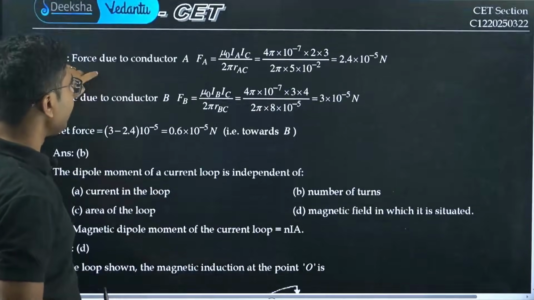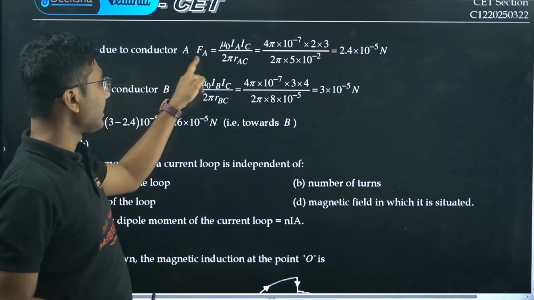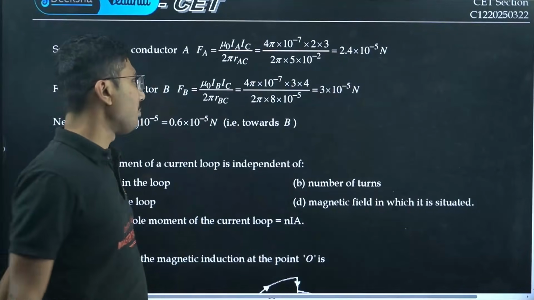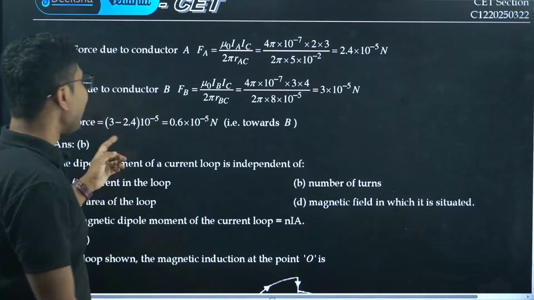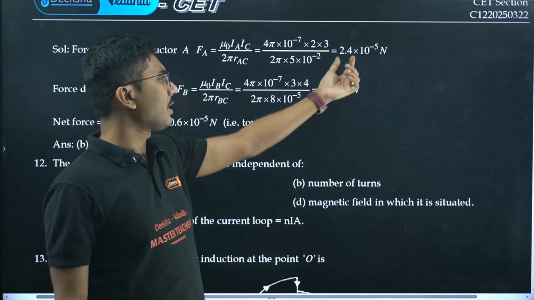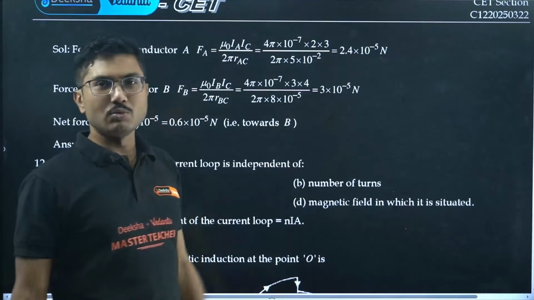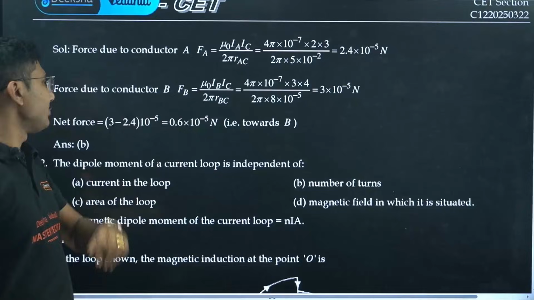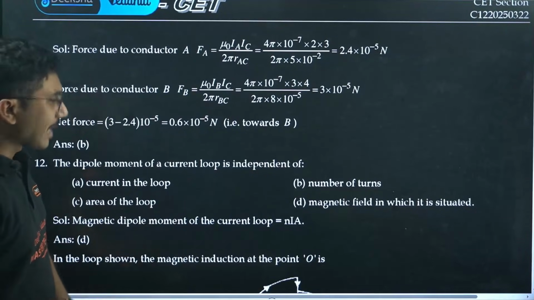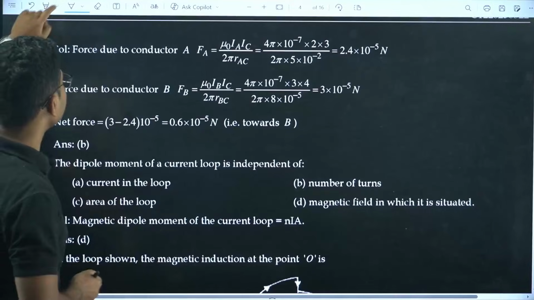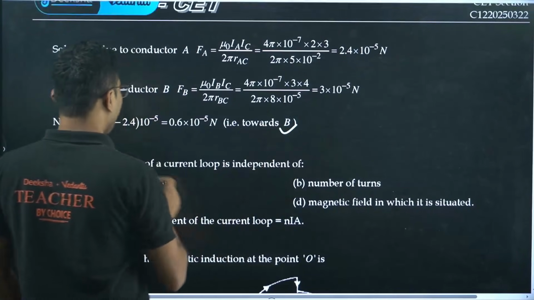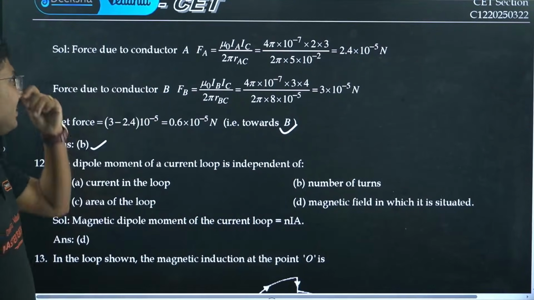Force due to conductor A is 2.4 × 10^-5, force due to B is 3 × 10^-5, and as you can see, this is bigger, this is smaller. So the difference, 3 minus 2.4, is 0.6 × 10^-5 Newton. So the answer is B. You can also calculate that the force is towards B, and obviously the answer will be B.